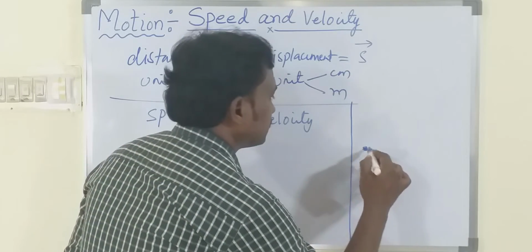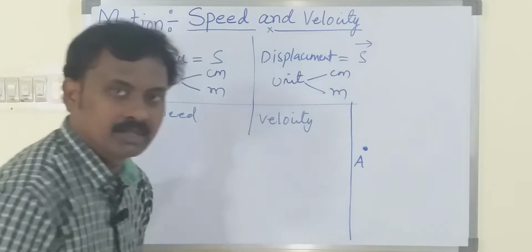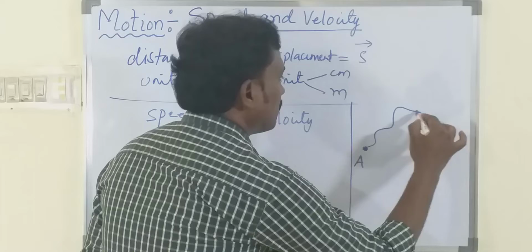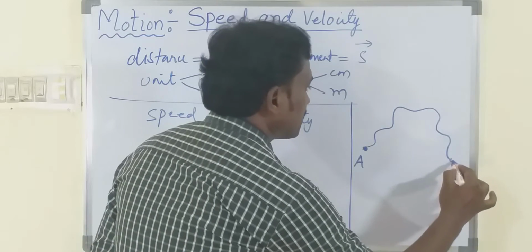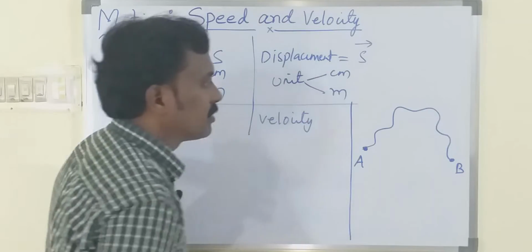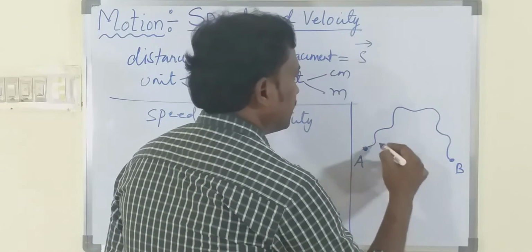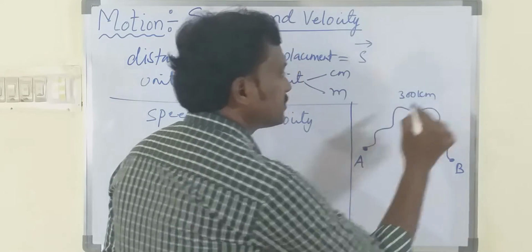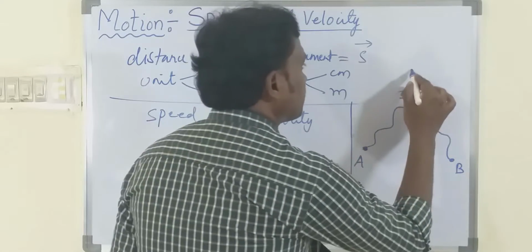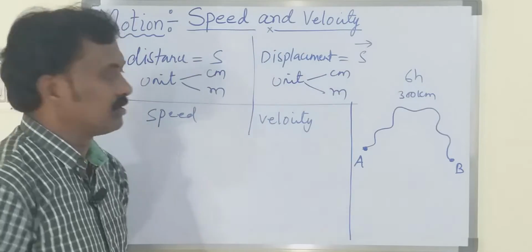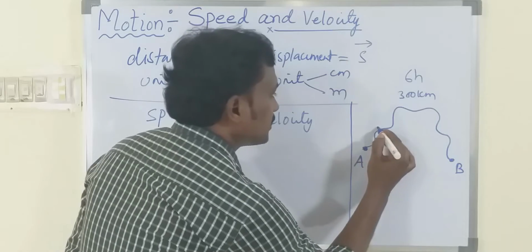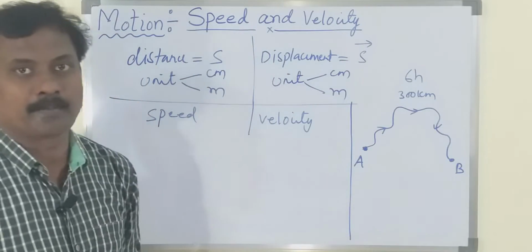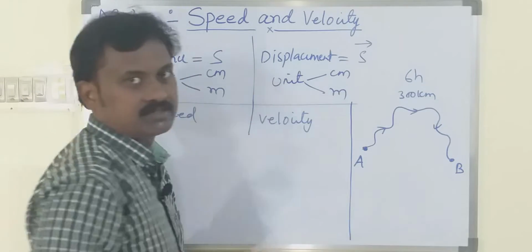Let us consider a point A, and the body is starting from A. It is traveling all the distance and it has come to point B. Okay, and the distance covered is 300 kilometers and the time taken is 6 hours. The body started from here and it has traveled all this distance and it has reached this particular point. The time taken is 6 hours.